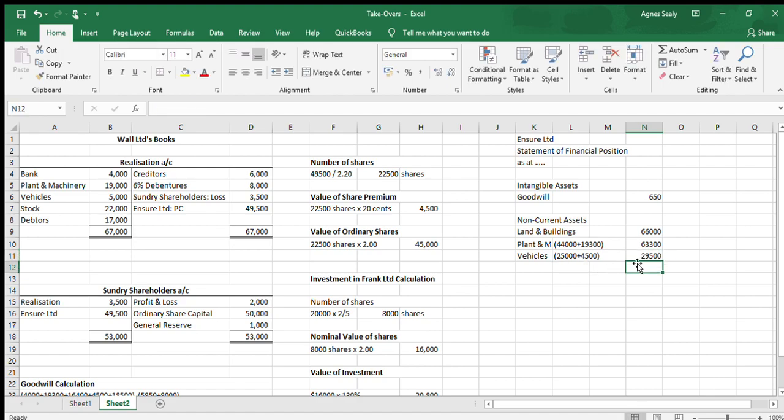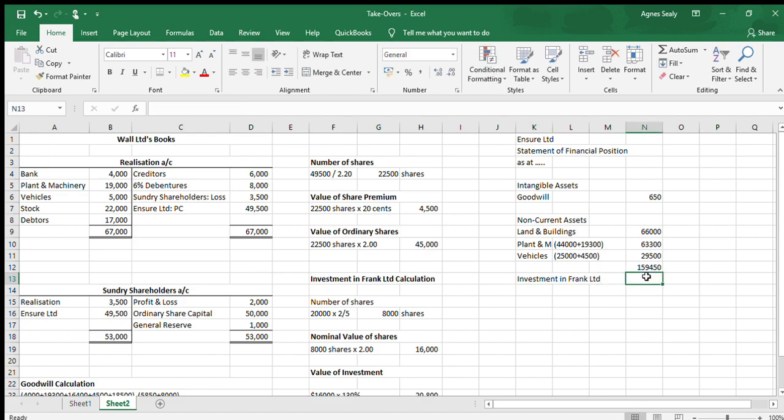So our total combination of our intangible and tangible assets, which is our non-current assets, will be $159,400. To that, we will add our investment in Frank Limited.